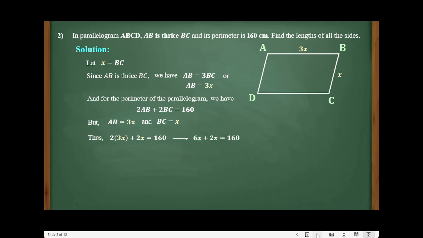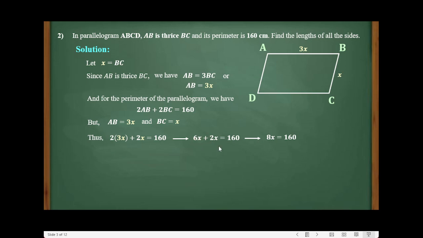If we simplify the left side of this equation, the equation becomes 6x plus 2x equals 160. At this point, we can solve for x. The left side can be combined since it has two similar terms.